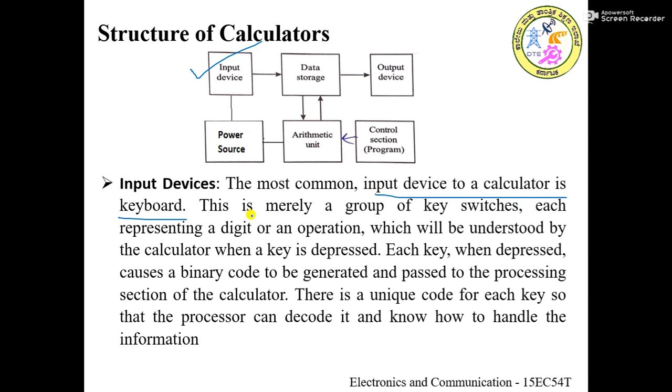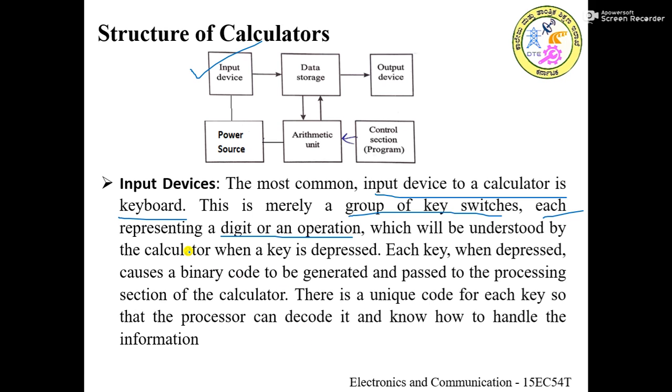Keyboard, basically, is a group of key switches, and each key switch is going to represent a digit or an operation. As you can see, you will be finding a group of key switches in the keypad of a calculator. Every key switch is going to represent a digit or an operation.